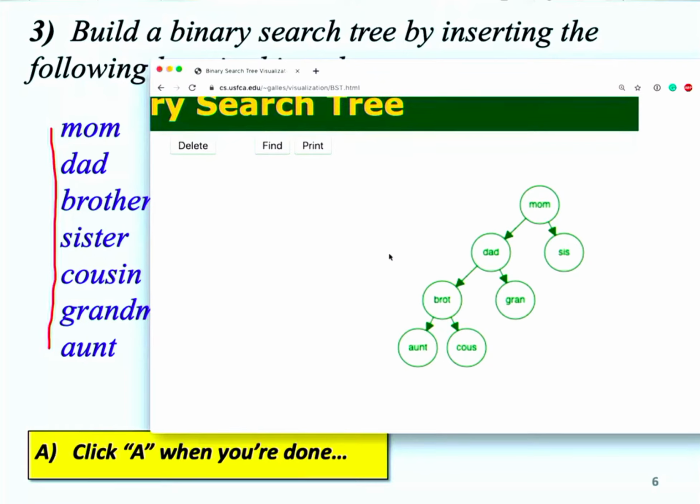Exactly. So I know you haven't covered balanced and imbalanced trees, but we'll cover that later. Just to get a basic idea, what it means to be balanced is that everything is roughly equally distributed.